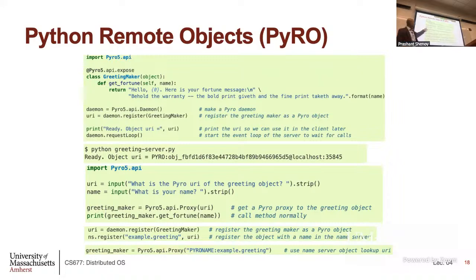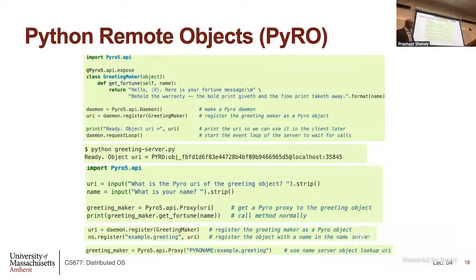Then you are going to call what's called a request loop. The server is going to just sit in a loop, waiting for RMI calls or methods to come over the network. See that you have not written any socket code or anything like that. It's just simple. You wrote some class, you made a daemon, you registered the object, and then you said start the server. So it's just sitting in a loop.